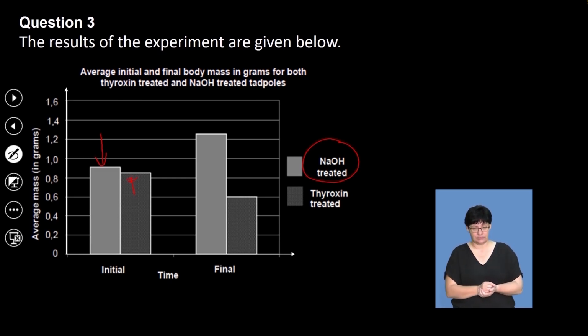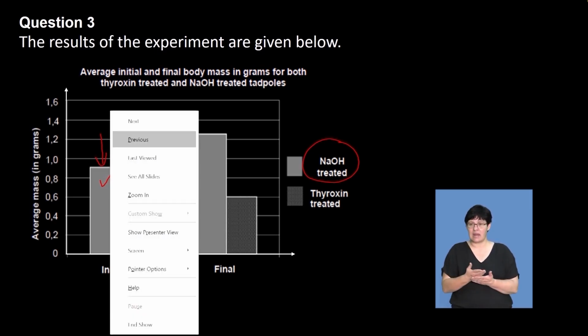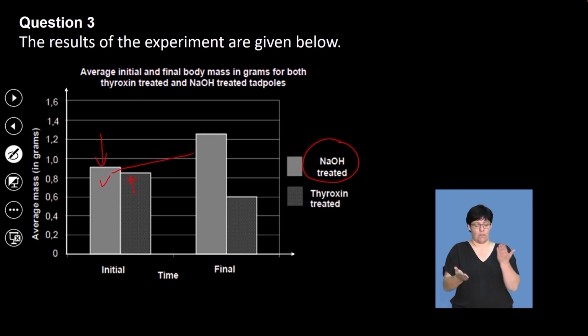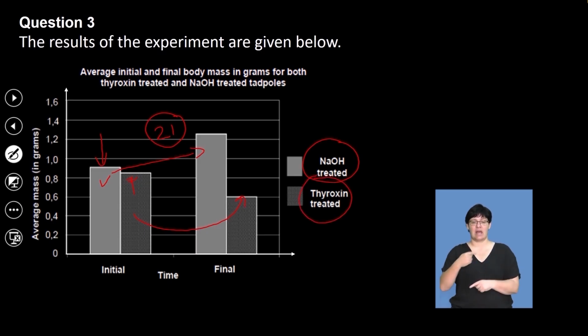So the control group or the baseline group is these individuals, and clearly from that you can draw a comparison to that difference over 21 days as saying, well, this is what would have happened under normal conditions. However, this is the difference when the independent variable, in this case thyroxine, is being applied to the test group.